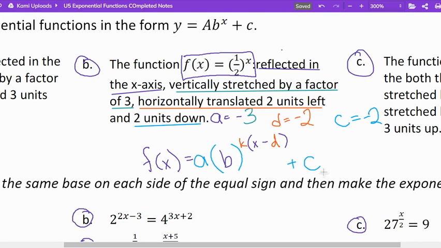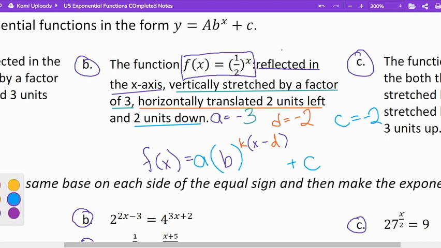This is the formula. What I like about this formula is the 2 orange translations are the ones that affect the X, and the 2 light blue translations are the ones that affect the Y. The X ones are right together there.